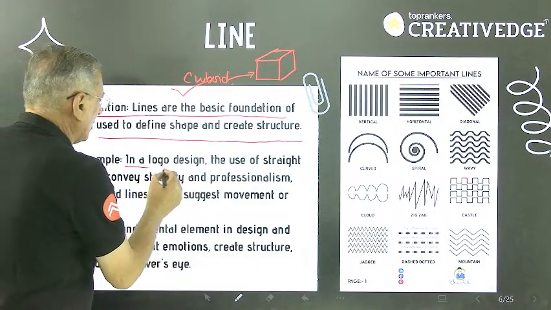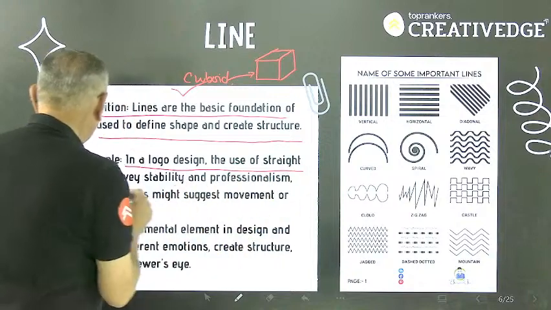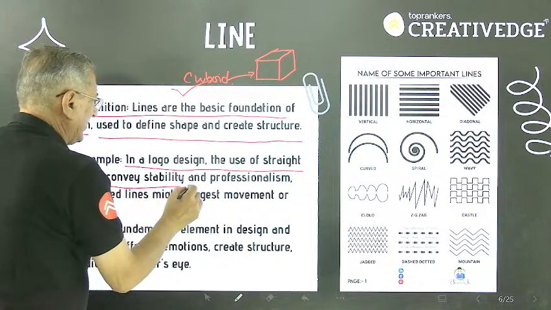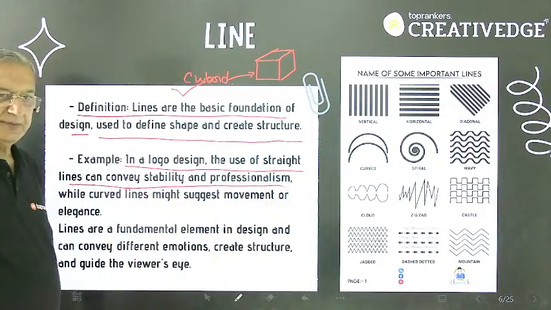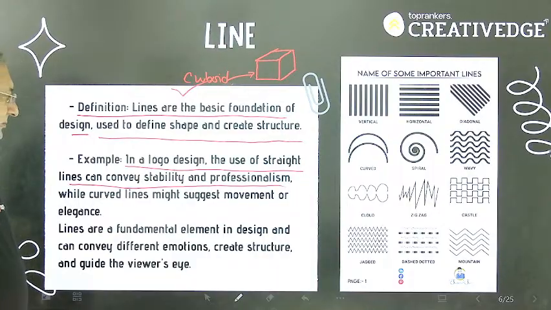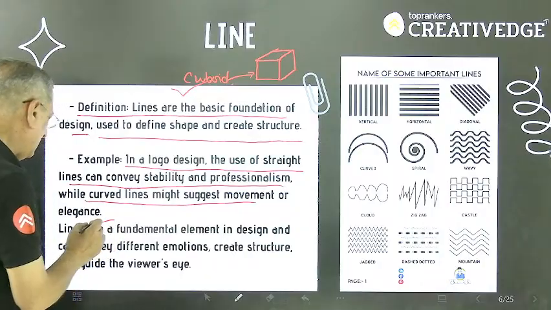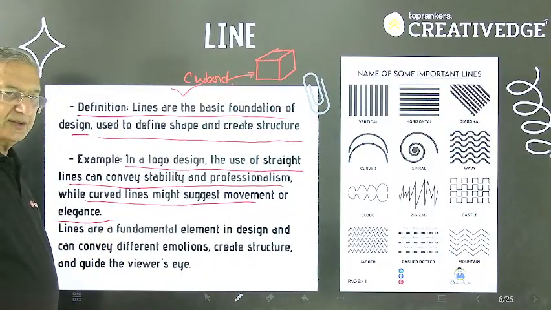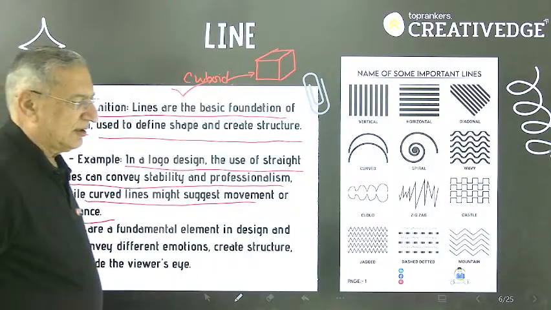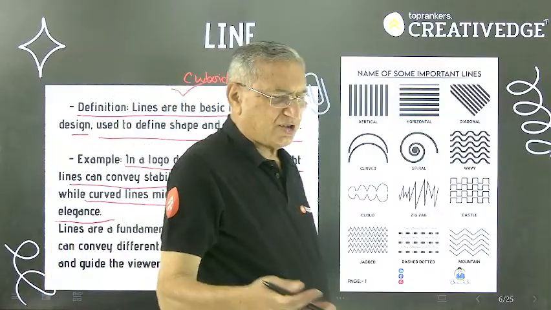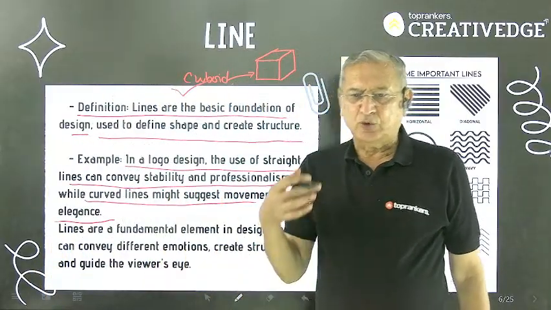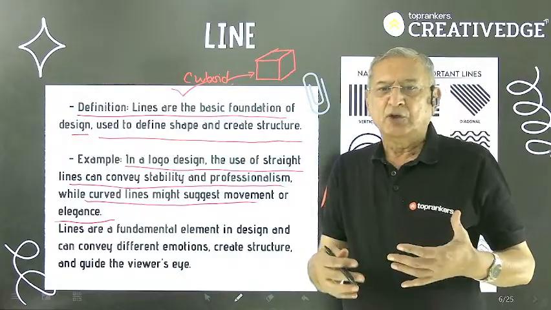Example, in a logo design, the use of straight lines can convey stability and professionalism, while curved lines might suggest movement or elegance. अभी नाटा में क्वेश्चन आया था that you have to show movement using forms.